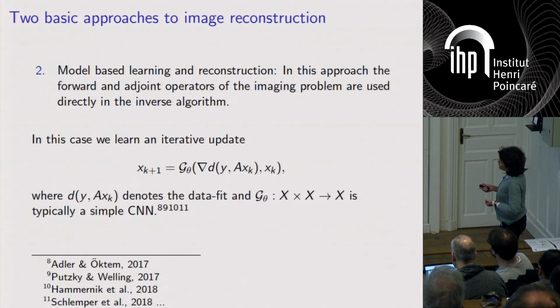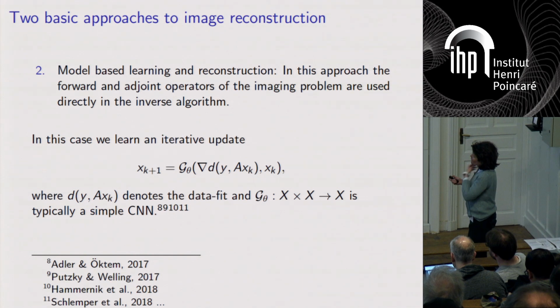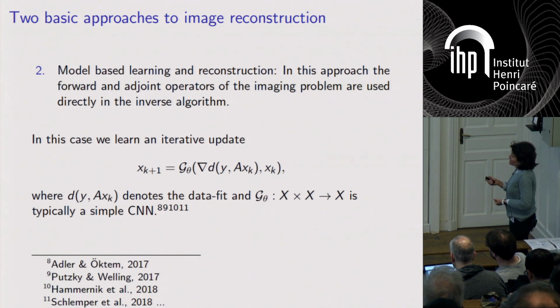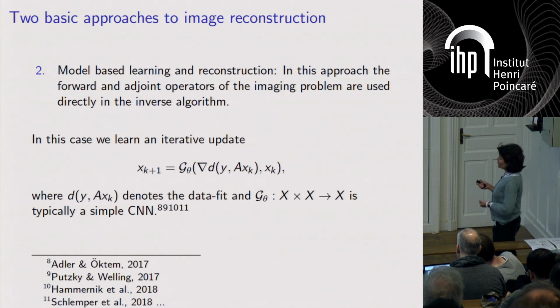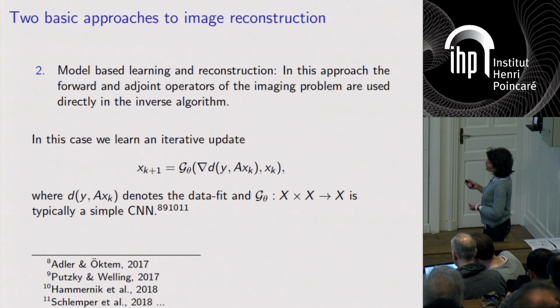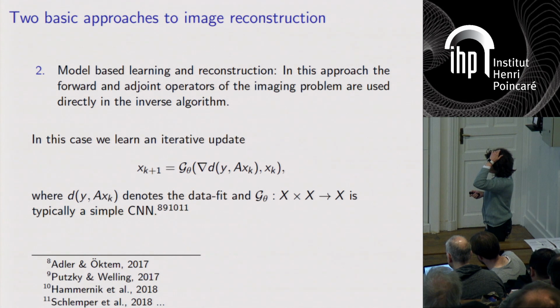There were a number of works along these lines, and then of course there's what Ozan was talking about. The idea here is that this x_k is going to be close to x much faster than if you run the conventional methods that use just these inputs, something like gradient descent, for example. Why is it interesting? The main point is that this guy is expensive, so you want to limit the number of applications of this.